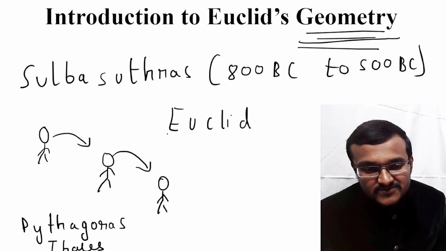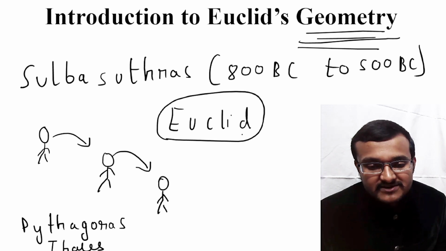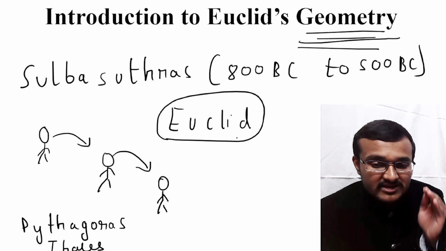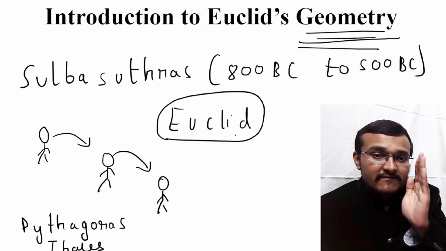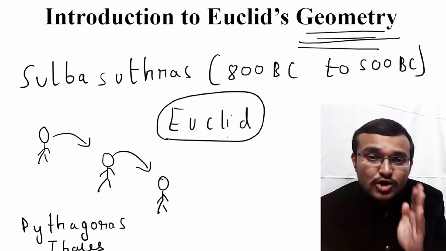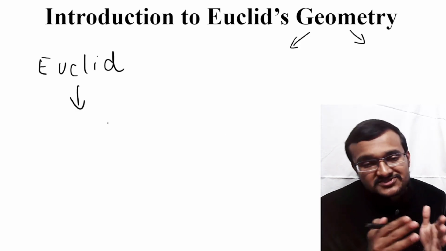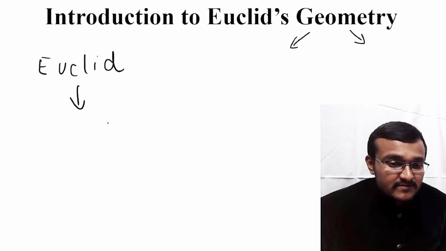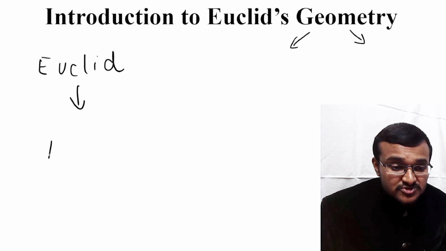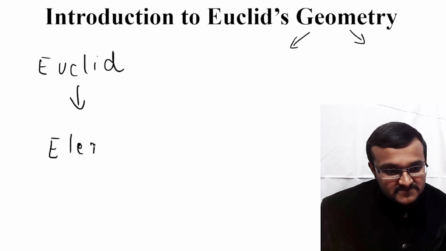But all these theories in geometry which were used across the world were not well organized. So that's why Euclid, after 300 BC, organized the various concepts of geometry in a particular treatise known as Elements.